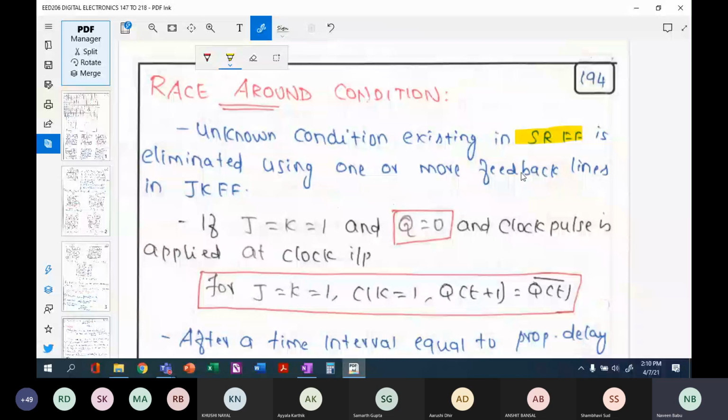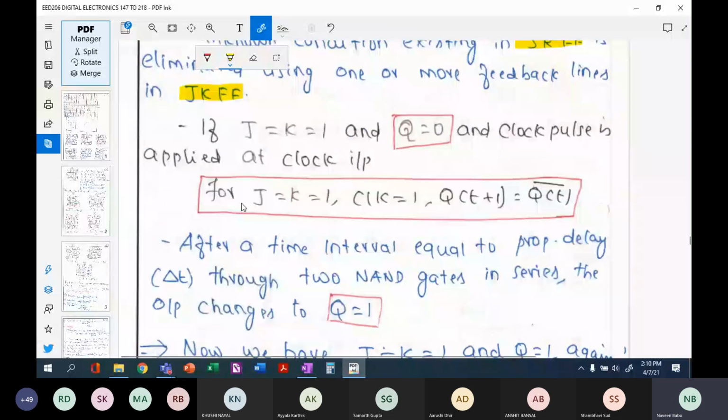Now, listen carefully: when your JK input is 1 and Q is 0, for a positive edge detection with a clock, what must be your next state Q value? It must be the toggled value of Q equal to 0, which means it must be Q bar. Am I right? So this will make your next state value equal to 1. That's what is written here.